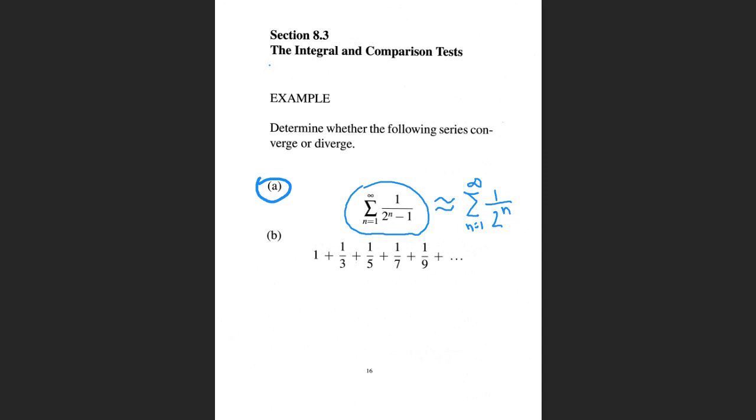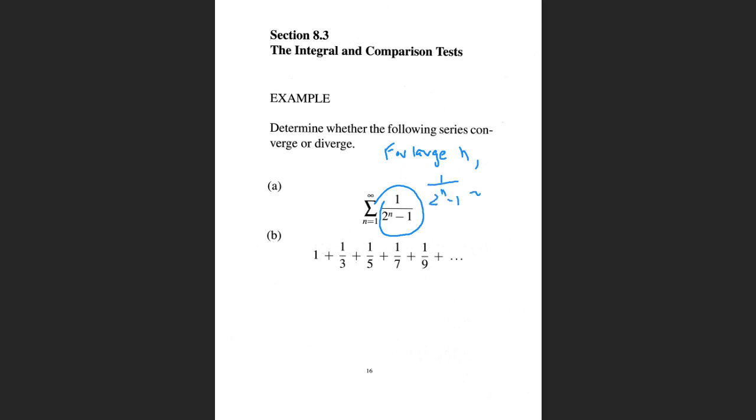But I guess what I want to say is that for large n values, 1 over 2 to the n minus 1 would be approximately equal to 1 over 2 to the nth power.